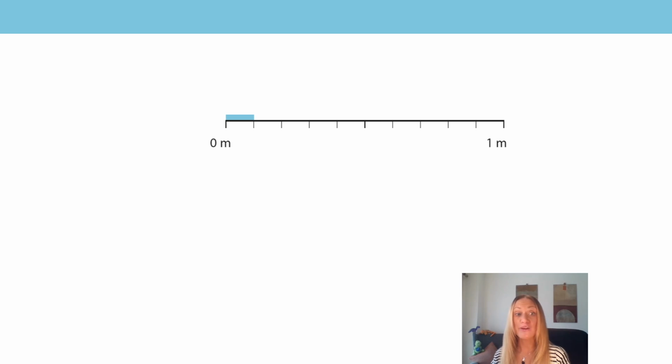I'd like you to pause me again quickly now and have a look at this number line. Tell me what you notice about it and tell me what you think the value of the blue bar would be. How did you get on? What did you notice about this number line? Did you notice that its value was 1 metre? Really well done. And how did you express the value of the blue bar? Did you say that this was 1/10 again?